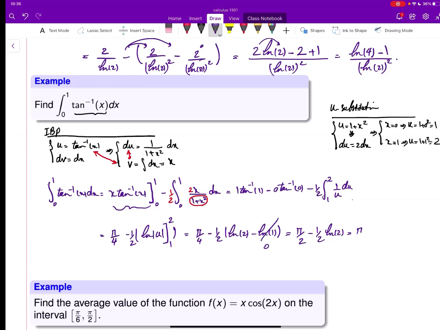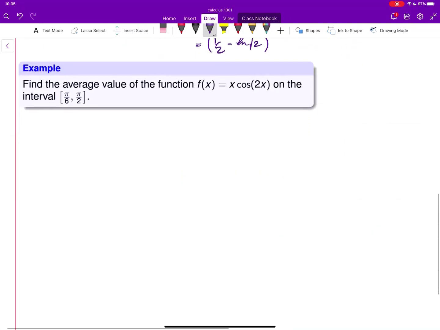Well, you can write it in a little bit more simplified form as this, and that is what we are looking for. And the last example here is: find the average value of the function x cosine 2x on the interval pi over 6 to pi over 2. Very nice.